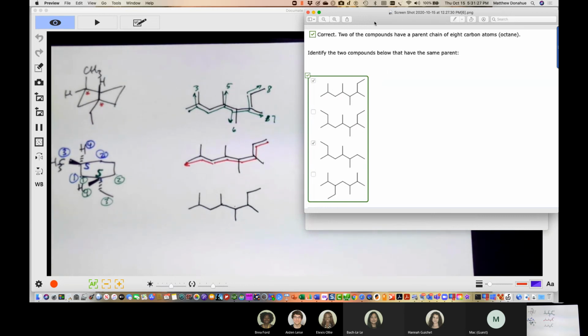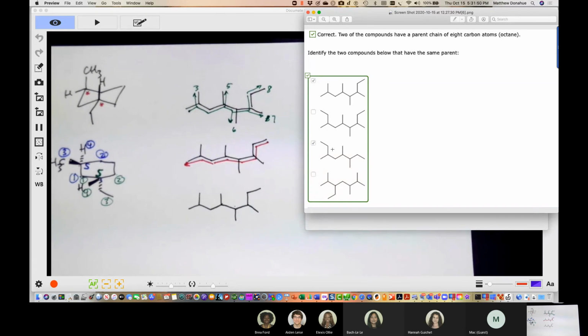So where my mouse is on the screen now, I can see by comparison that the second structure compared to the top has one more carbon, because I see 1, 2, 3, 4, 5, 6, 7, 8, and then 9. Then I see the third one.